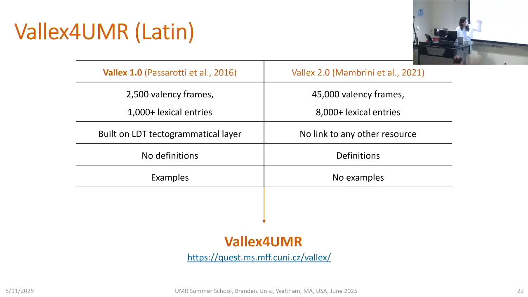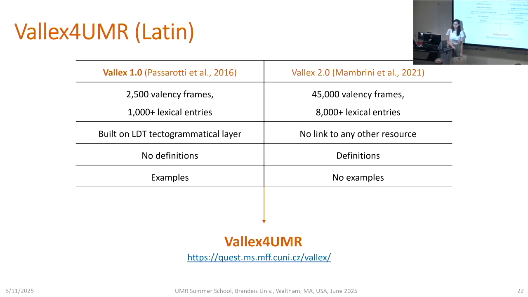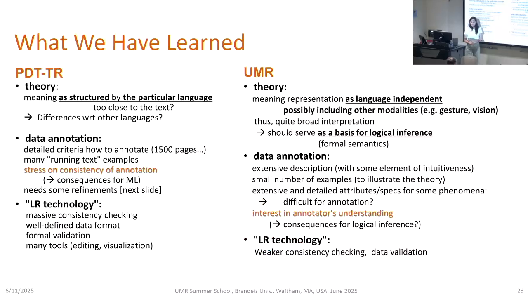We combined these two resources in order not to lose any information, but collected in the same place so that it is usable for UMR. The outcome is this Valix for UMR resource for Latin, which also now has Treebank-like arguments, like arg 0, arg 1, and so on, instead of the actor and patient that Hajič was just discussing. And that is it for Latin. It was a very short overview.